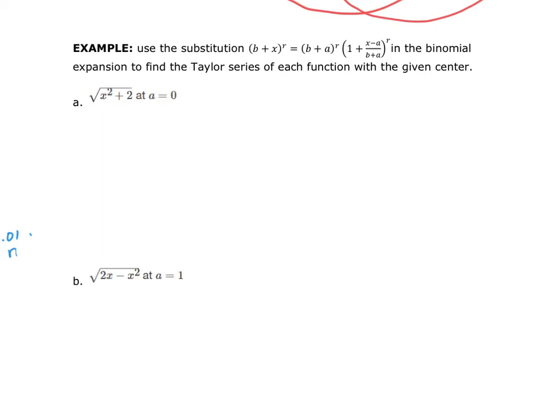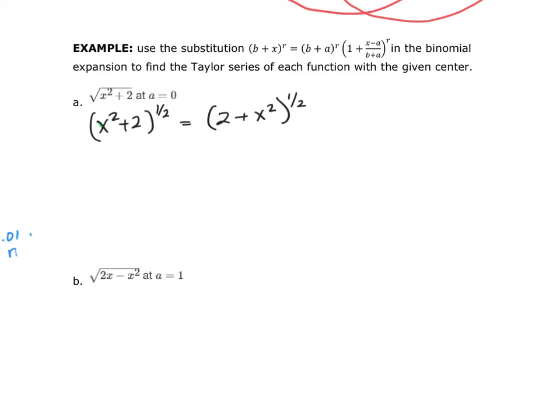So this square root of x squared plus 2 is the same thing as raised to the 1/2. I'm just going to rewrite this as 2 plus x squared and then raised to the 1/2.